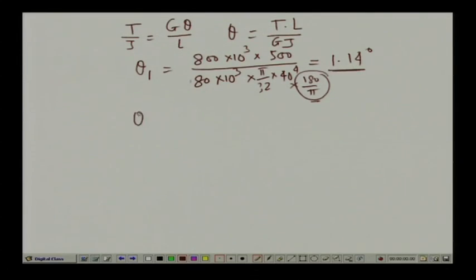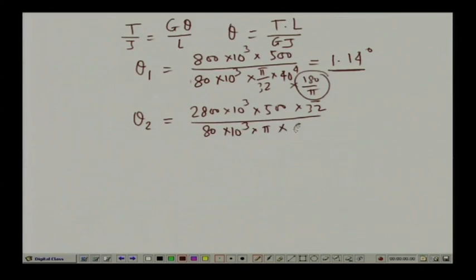Now, for segment 2, theta 2, if we compute in exactly the same form, only we have the twisting moment as 2800 into 10 to the power 3 into 500 into 32 divided by 80 into 10 to the power 3 into pi times 60 to the power 4, into 180 by pi for converting radian to degree, this comes as 0.0788 degree.